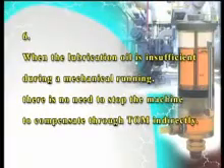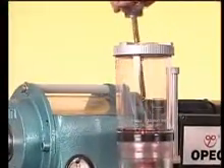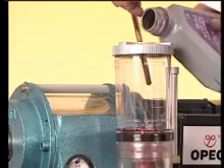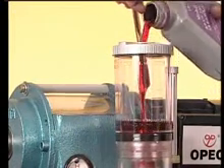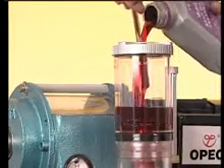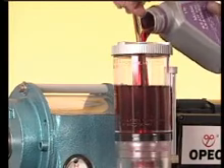When the lubrication oil is insufficient during mechanical running, there is no need to stop the machine to compensate through TOM indirectly. The separation of the upper and lower reservoirs is mainly designed for the convenience of oil refilling. Unscrew the oil inlet thread plug.